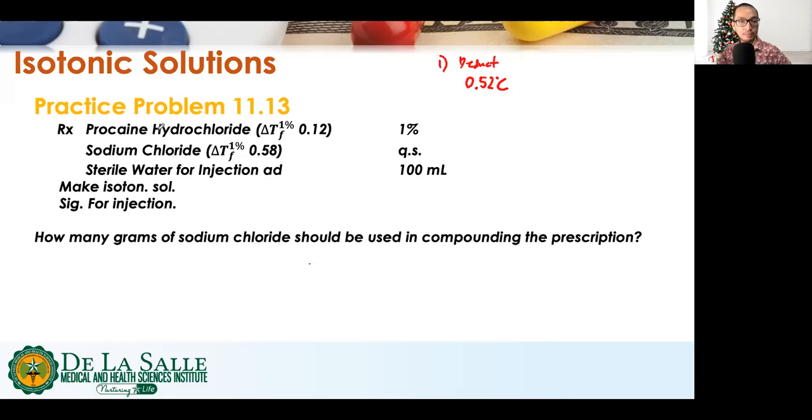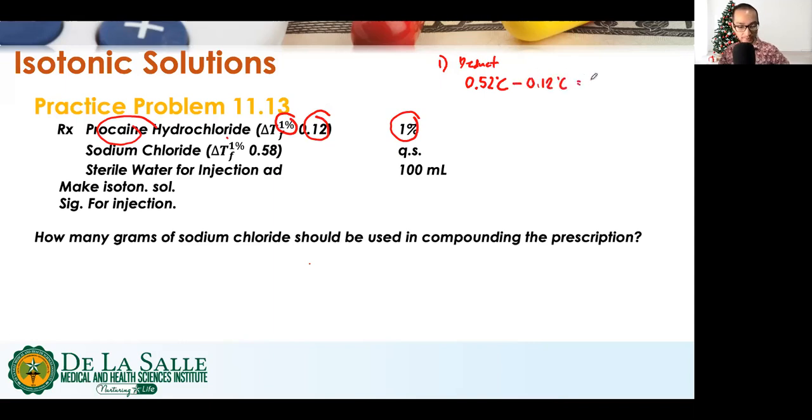Now, propane hydrochloride has a freezing point depression of 0.12 if its concentration is 1%. Our propane hydrochloride is present in the solution as a 1% strength, so the freezing point depression contributed by this drug is 0.12. So we deduct this, 0.12 degrees Celsius.